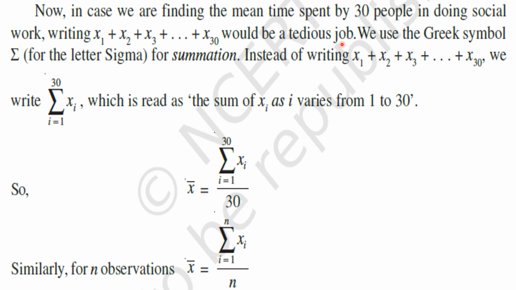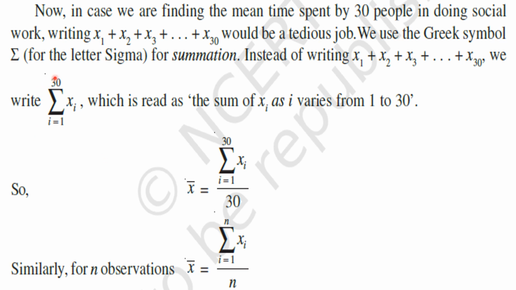We use the Greek letter sigma. This notation is called sigma for summation. Summation is total. Instead of writing x1 plus x2 plus x3 plus and so on plus x30, we write sigma i equals 1 to 30 of xi, that is the sum of the 30 observations, which is read as the sum of xi as i varies from 1 to 30.